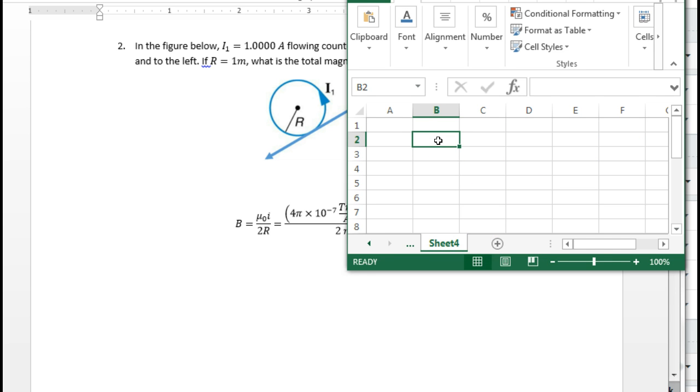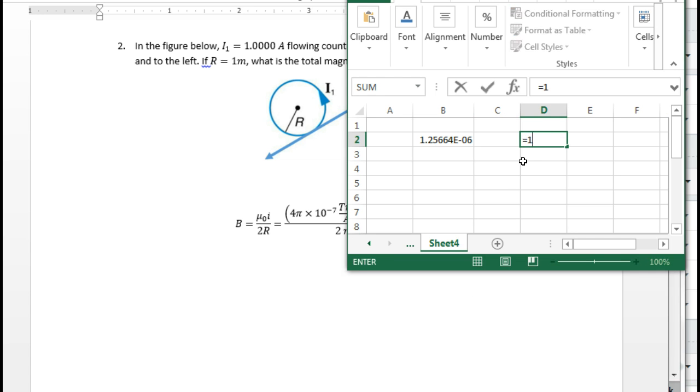I'm going to go ahead and put in mu naught because we'll be using it probably more than once. So we're looking for 1/2 times mu naught, basically, is what this comes down to.